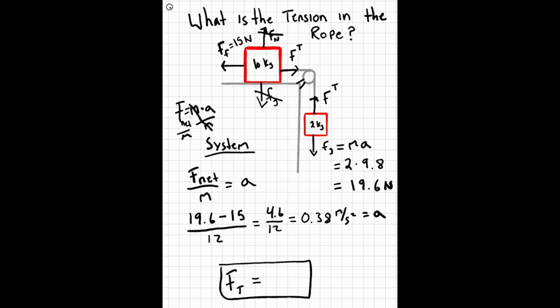Okay, so now we know what our acceleration is. And it's quite clear from this initial analysis, right, that the acceleration is non-zero. The system is moving. The system is sliding this block to the right.